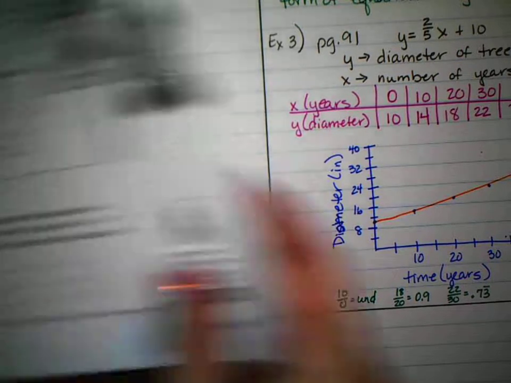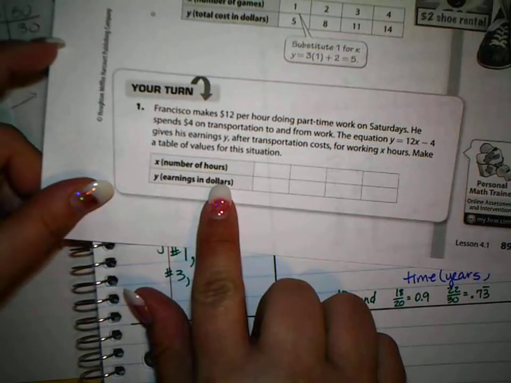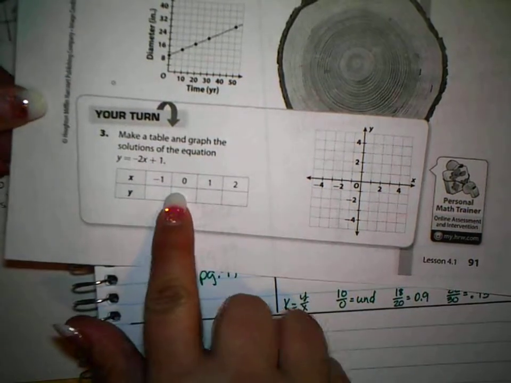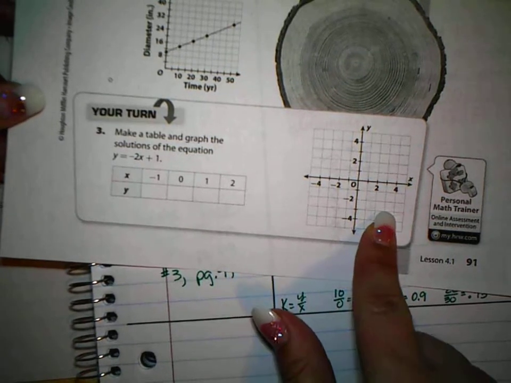On page 89, there's this one. And then on page 91, you have this one where you have to do the table and the graph like we just did. So refer back to your notes.